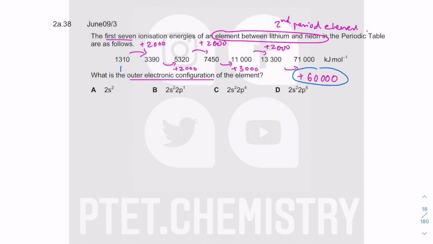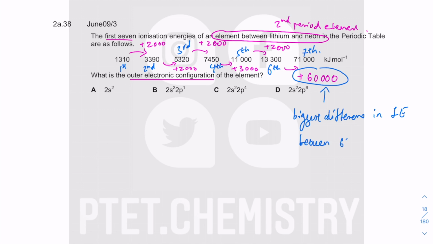So if this is the first, second, third, fourth, fifth, sixth, and seventh, the biggest jump in ionization energy is between the 6th and the 7th ionization energy.